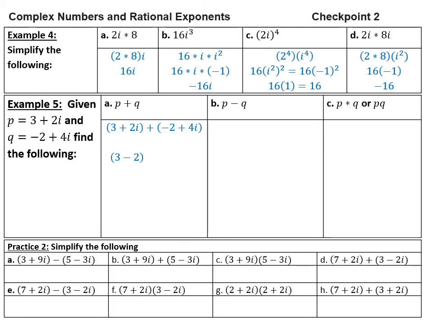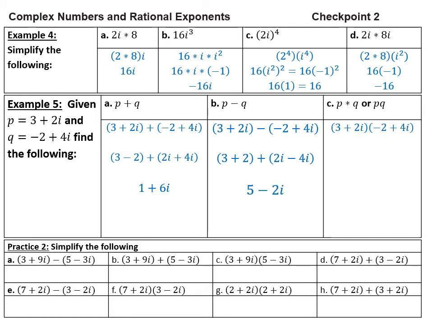So that's 3 minus 2. 2i plus 4i. So that's 1 plus 6i. Subtract, do the same thing except subtract in between. So we've got 3 minus a negative 2, which is going to be 3 plus 2, and 2i minus 4i. So that's going to give us 5 minus 2i.